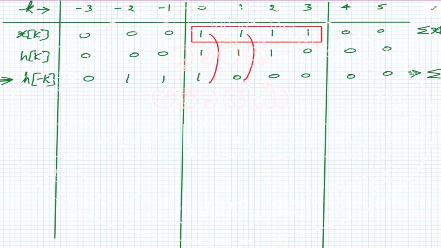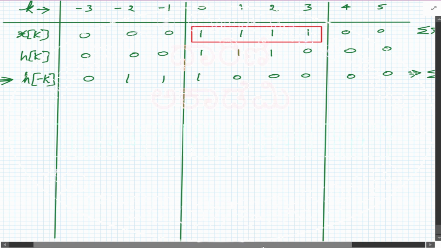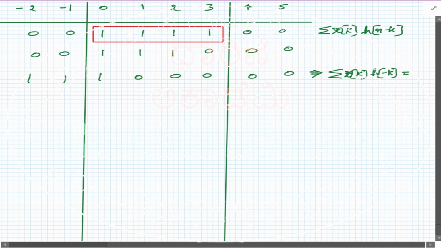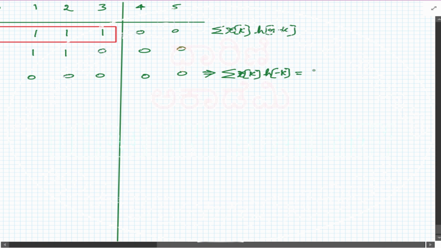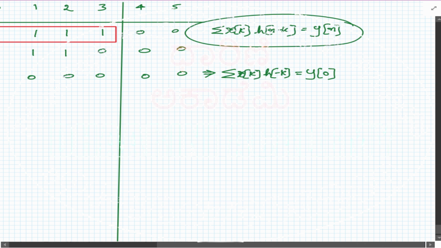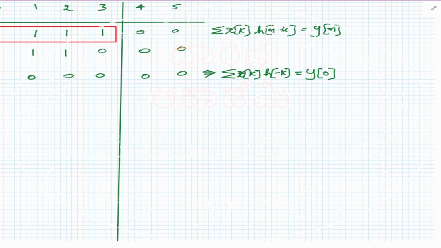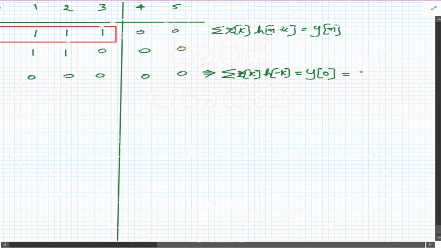What you are writing here is y of 0, because n is 0. The general equation for y of n is this. Since n is 0, you are calculating y of 0, which is equal to 1.